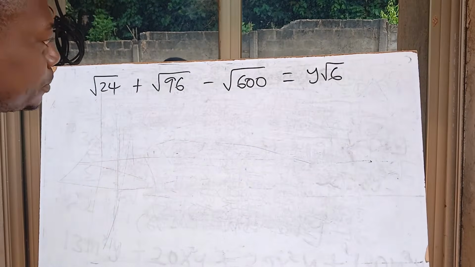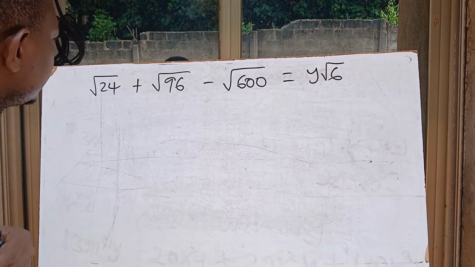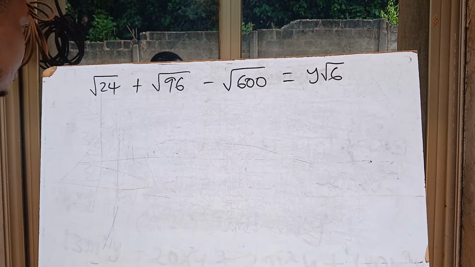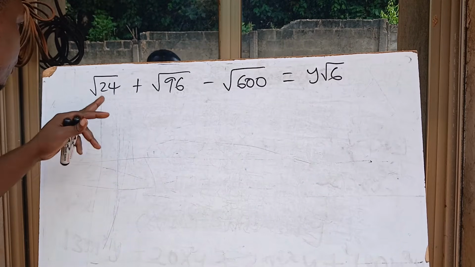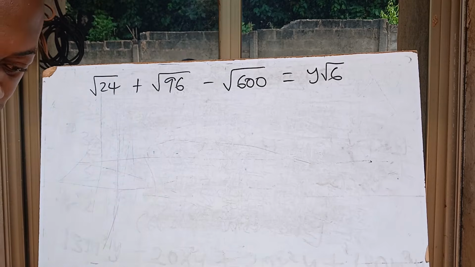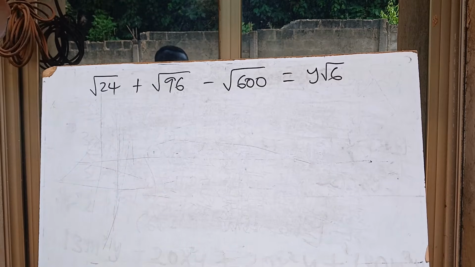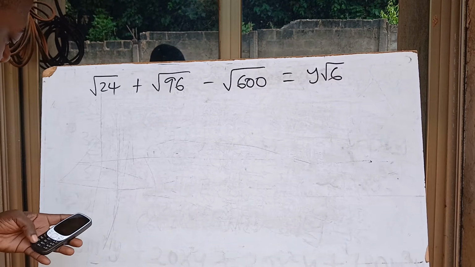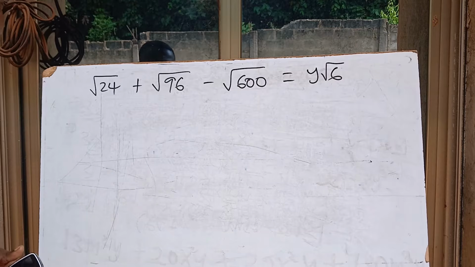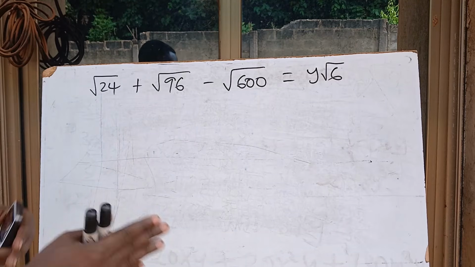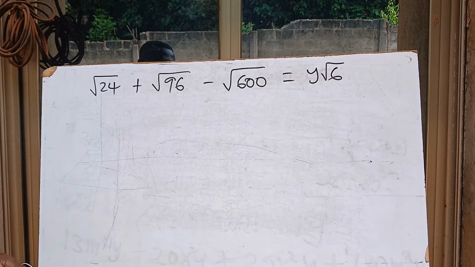Go ahead and find y here, okay? All right, so this time we have square root of 24 plus square root of 96 minus square root of 600, okay? So let's test this. We know 24 is 4 times 6, so don't waste time.